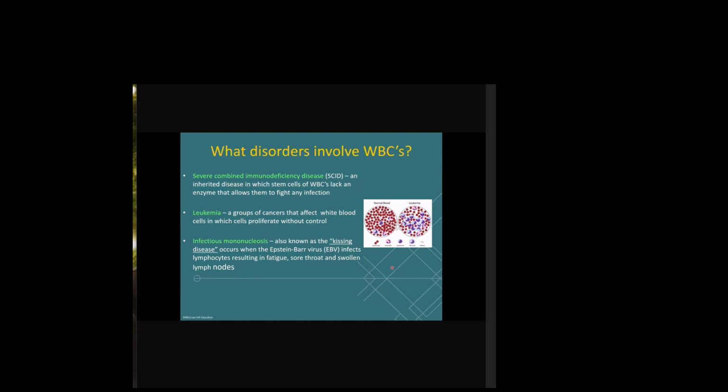We said these white blood cells have granules in them, and those granules contain enzymes that will be released when the macrophage has engulfed the pathogen through phagocytosis. The enzymes now go and try to digest and break up the pathogen. But you can have a situation where some of these white blood cells that are supposed to have granules with enzymes lack that capacity.